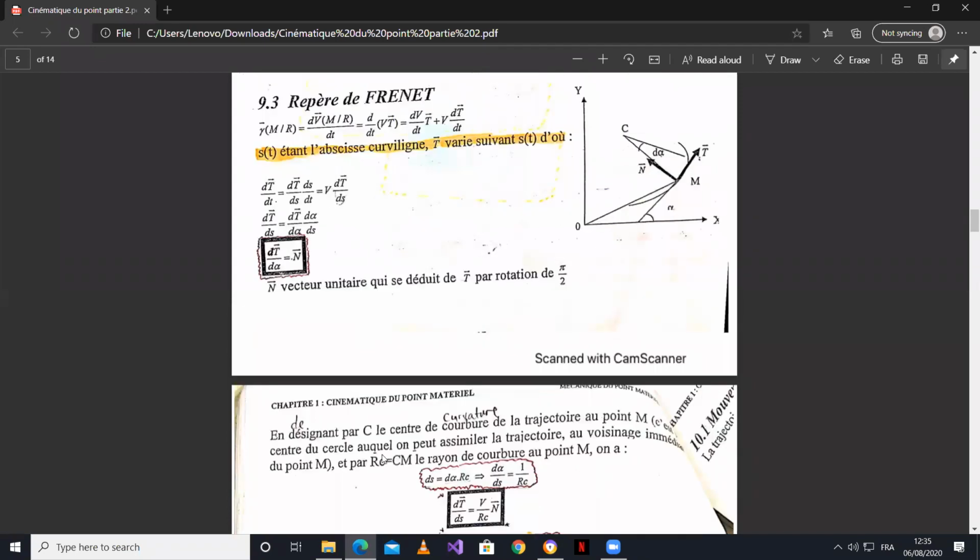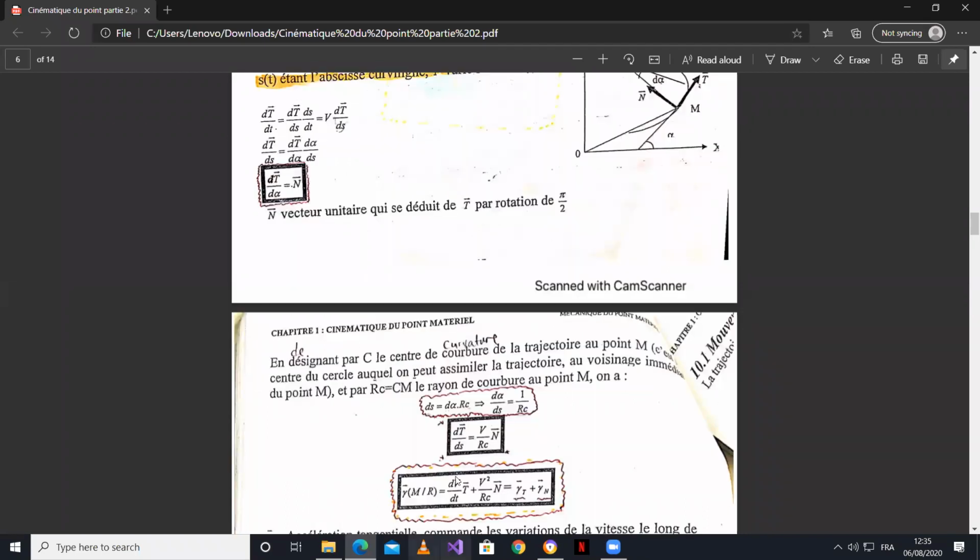You have this v and this v multiplying each other, so you have v squared over RC suivant n. And that becomes your expression for the acceleration. This becomes the acceleration tangentielle, and this one becomes the acceleration normale.